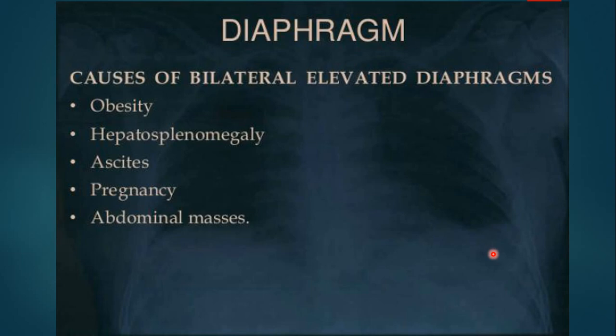So in general, any enlargement or distension below the diaphragm, either obesity, enlarged liver and spleen, distended abdomen due to fluid, pregnancy or a mass, will cause bilaterally elevated hemidiaphragms. Rarely it might be due to bilateral phrenic nerve palsy, but this is not common. Usually it's a unilateral abnormality.